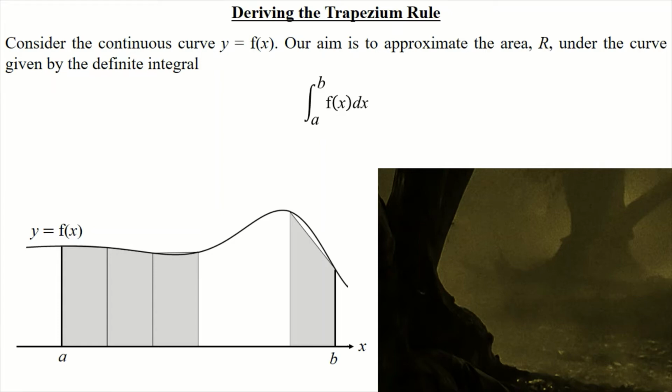What we've done here is we've divided the interval a, b, which are the lower and upper limits of the definite integral, into a set of n trapezia of equal height. And now we have this established, we can then use some algebraic techniques and come up with a rule that we can apply to future examples.